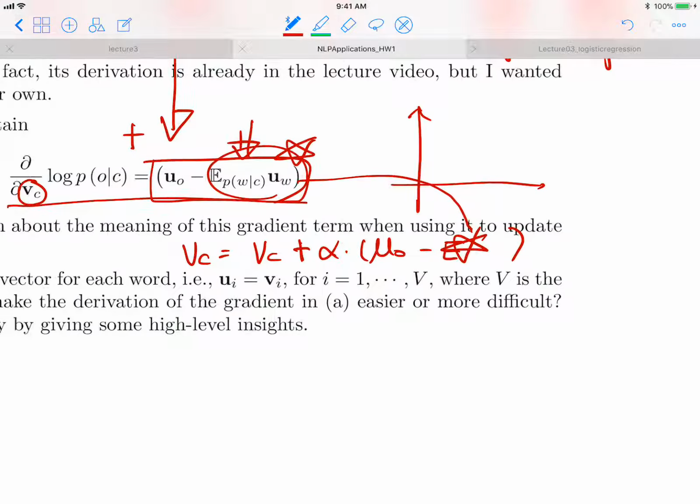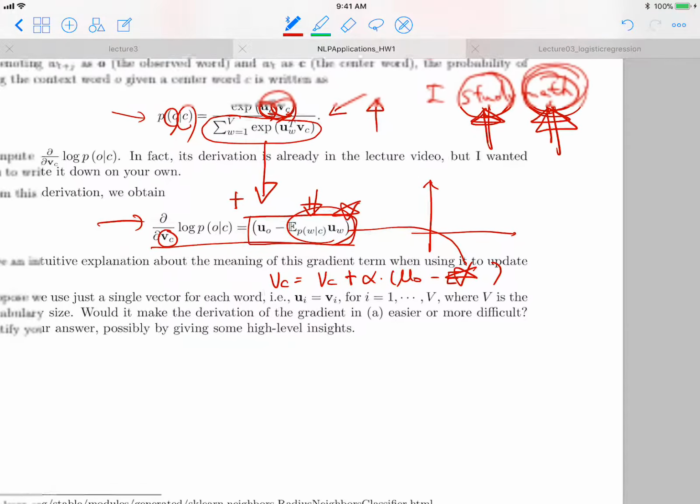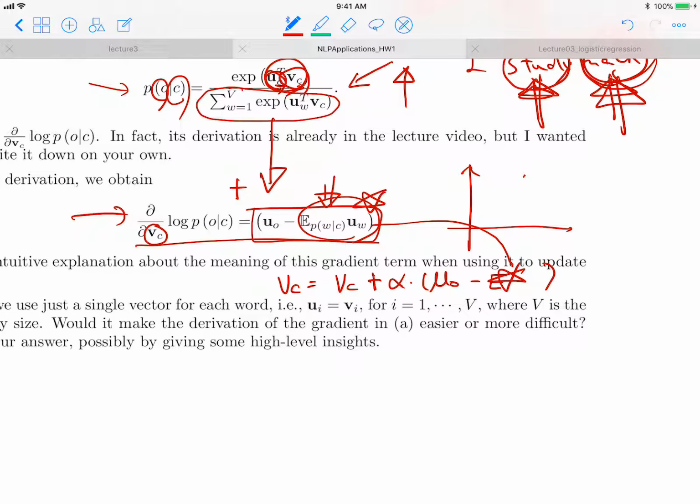Intuitively, suppose UO and VC are in the same dimensional space, so we can consider them placed in the same space. Suppose the current vector for VC is around here, and the current vector for UO is somewhere around here.